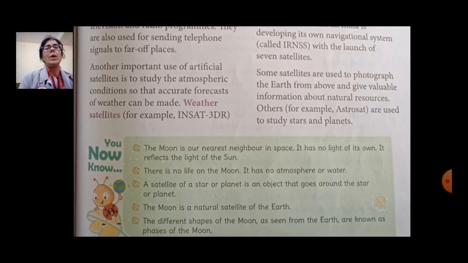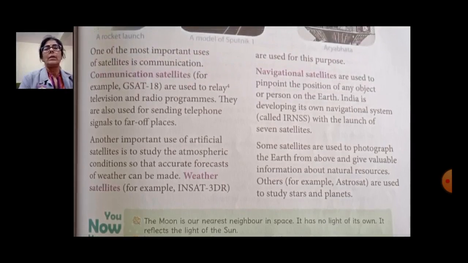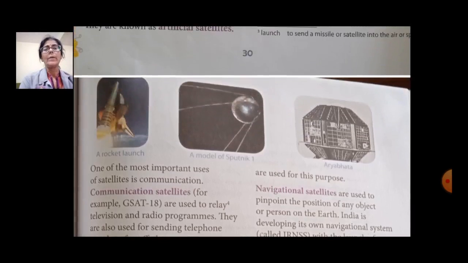So what have we learnt in this chapter? The difference between the gravity of the Moon and Earth, the difference between the weather condition of the Moon and Earth, right?